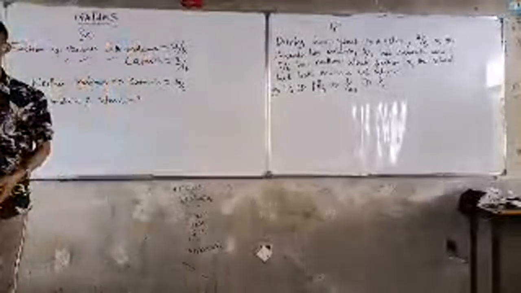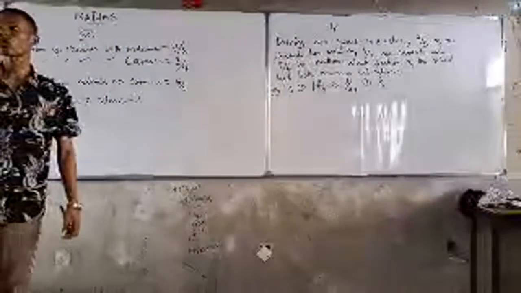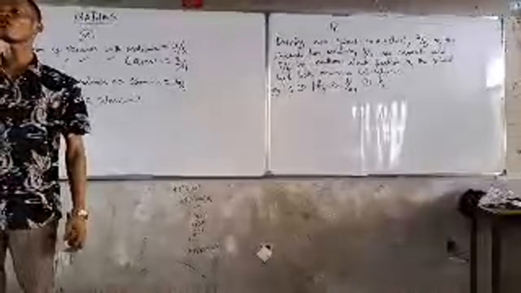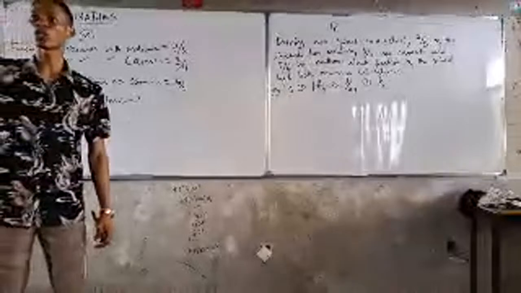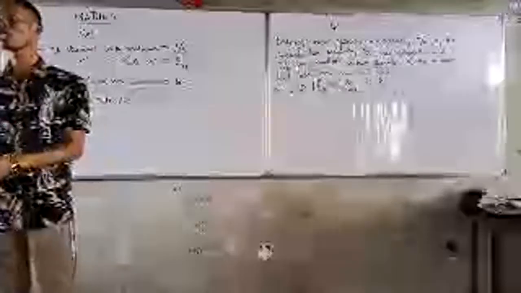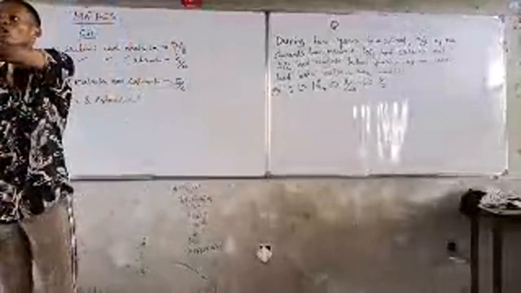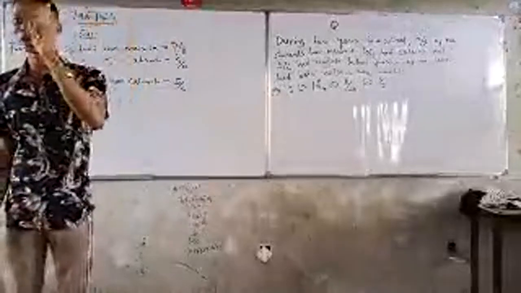So how do we get that? The first thing we have to do, total fraction is equal to what? Normally, if you add all the fractions, it will give you a whole number, 1. Just like in probability. If you add all the possible probabilities, you get 1. Fractions, if you add all the possible fractions, you get 1 also.